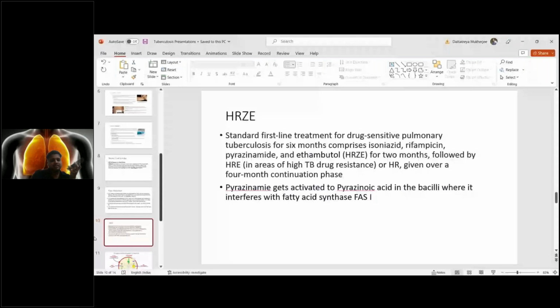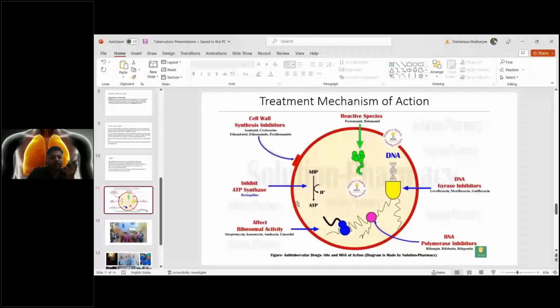So this is a tuberculosis bacterium. Where can the drugs work? First, they can work on reactive species. The drug that usually works there is pretomanid.